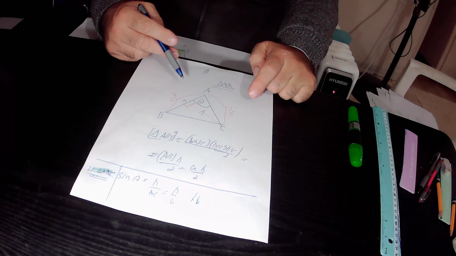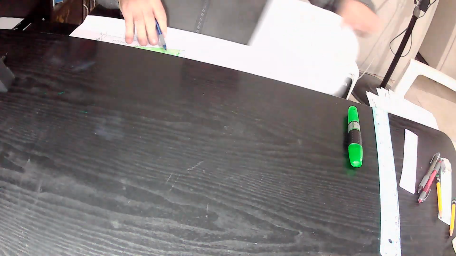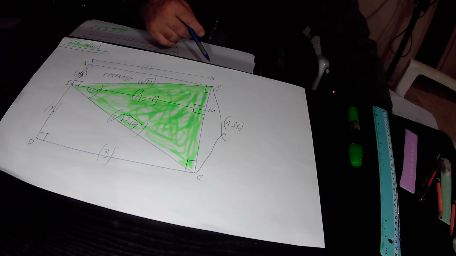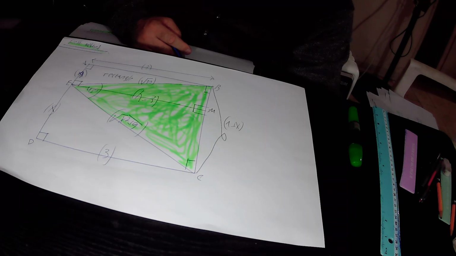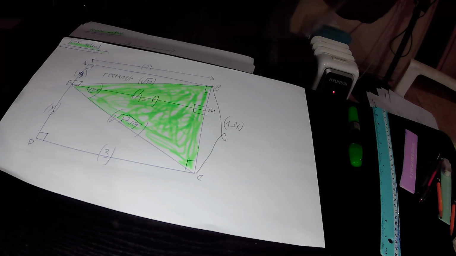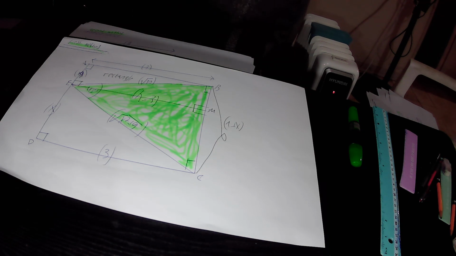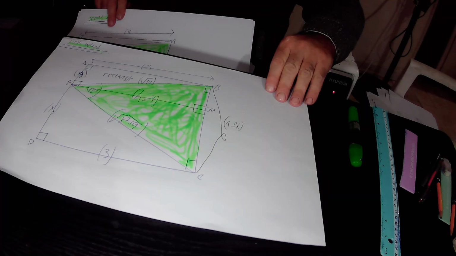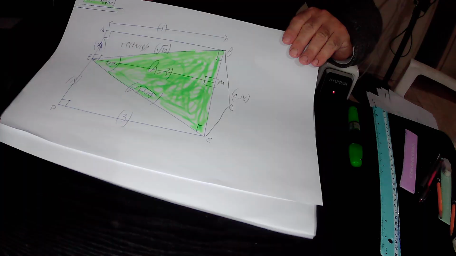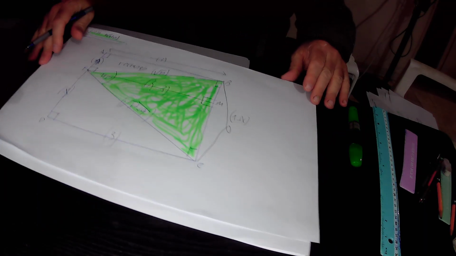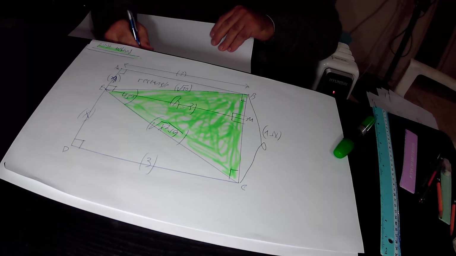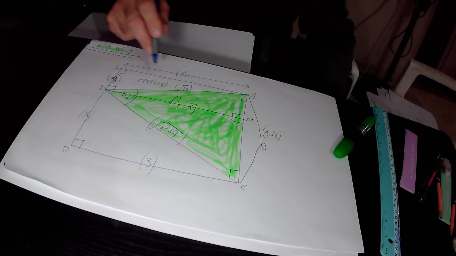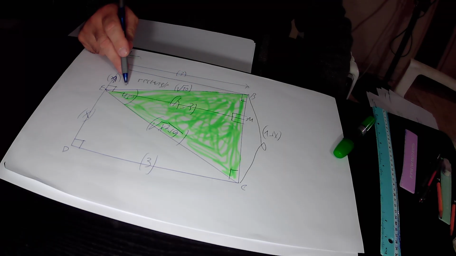So we use the new formula in order to find out the area of our green triangle, triangle EBC. According to the new formula that I presented to you, the area of the green triangle EBC will be equal to EB times EC times sine 45 degrees over 2.